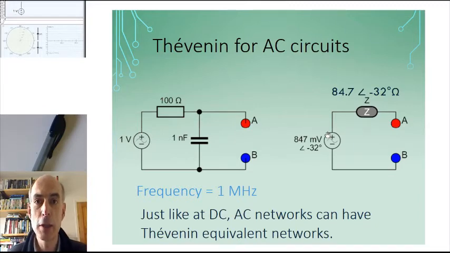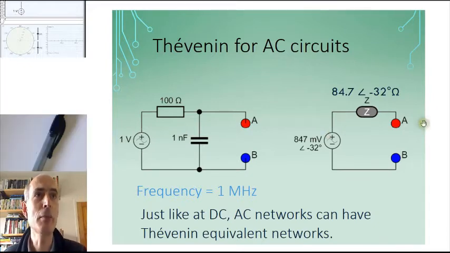All you have to do is convert the voltage and current sources to their phasor representations, convert the impedances of the resistors, capacitors and inductors to their complex impedances, and just apply all the same algebra that we did previously, and all of the shortcuts that we took, including Thevenin, are equally applicable to AC circuits.